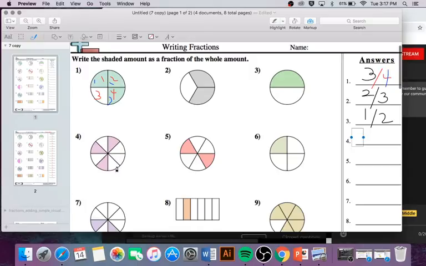For number 4, we have 1, 2, 3, 4, 5, 6, 7, 8 parts in the whole. So our denominator is going to be 8. And we have 1, 2, 3 shaded parts, so our numerator is going to be 3.